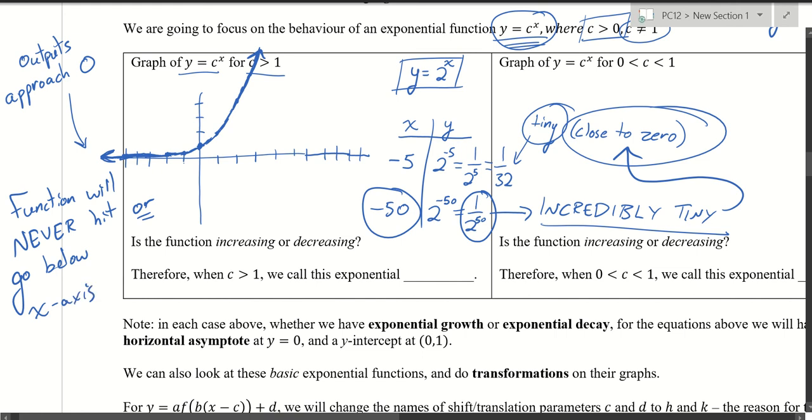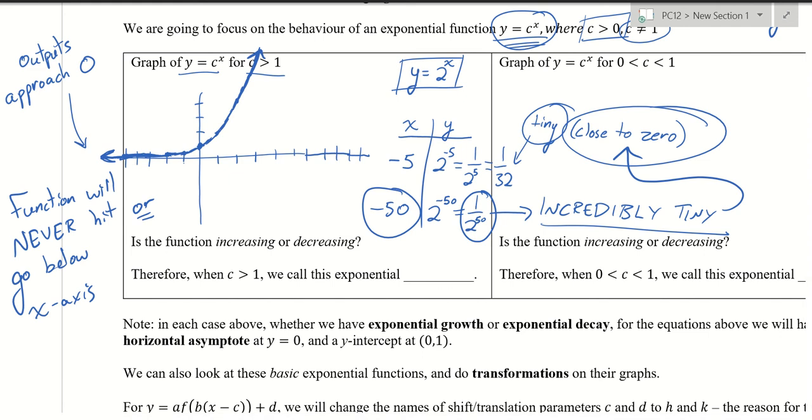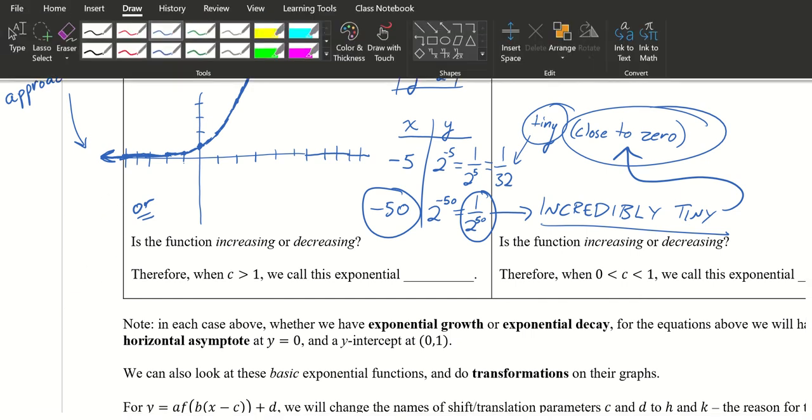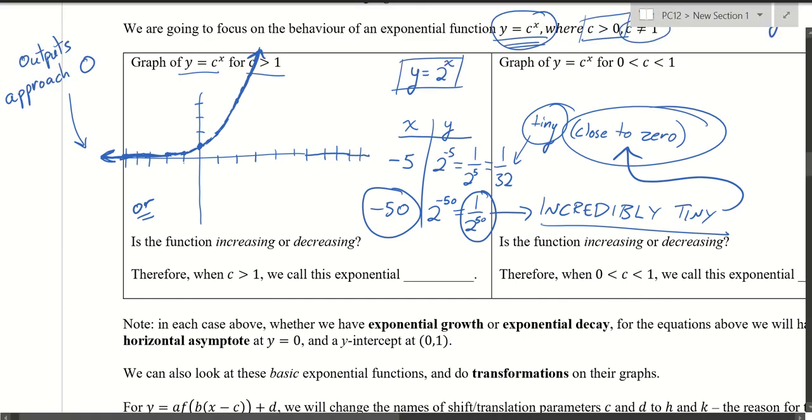And we have a word for this kind of behavior. If the outputs are approaching a specific value, we call this asymptotic behavior. And we could draw some imaginary line that this function appears to be approaching, right? This function appears to be approaching the x-axis.